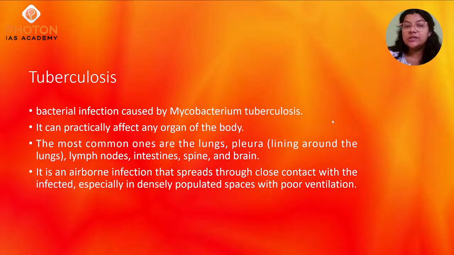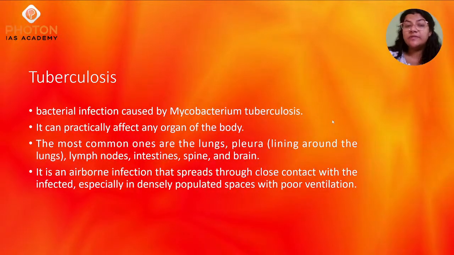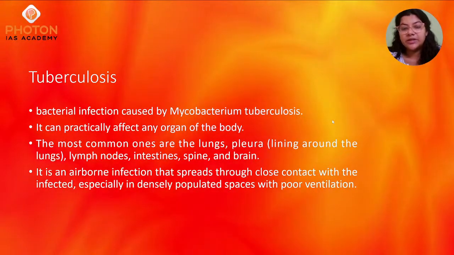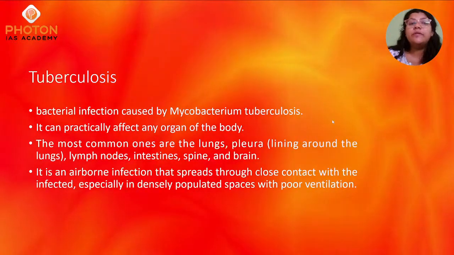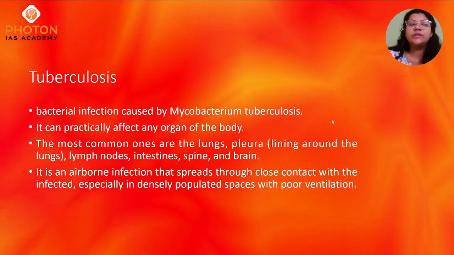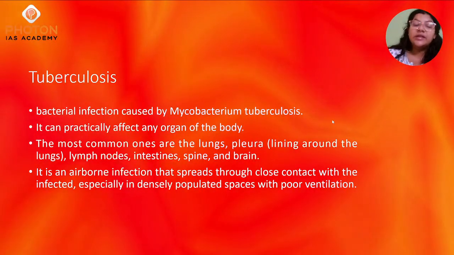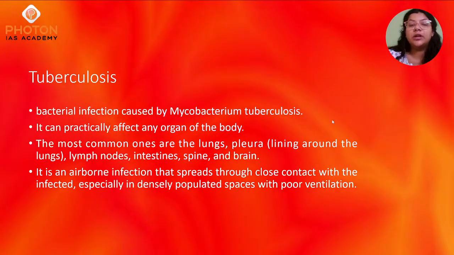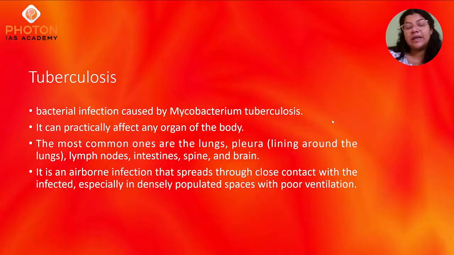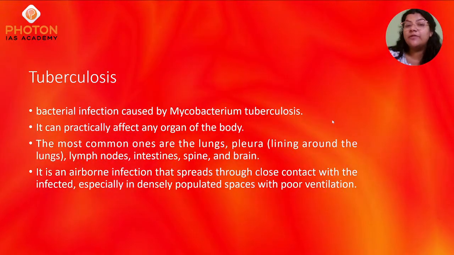That is one of the reasons why tuberculosis is very prevalent in developing countries and in areas with poor ventilation. Since it's an airborne disease, areas with poor ventilation are more prone for this bacterial infection to spread faster.